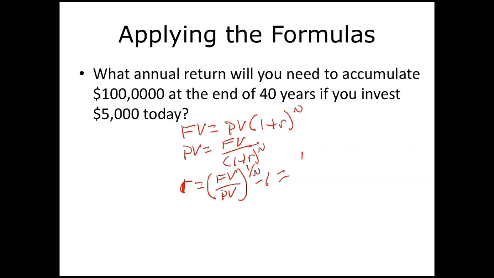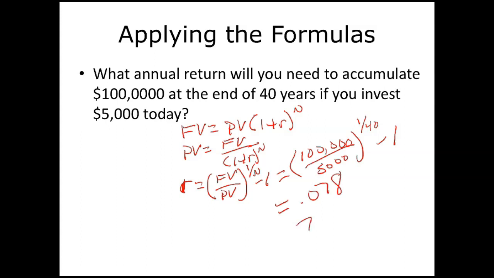For this particular problem, 100,000, the future value, divided by the present value, 5,000, raised to the power of 1 over 40 years, minus 1. We do this calculation, and it equals about 7.8%. We could also do this problem in Excel or on a financial calculator.